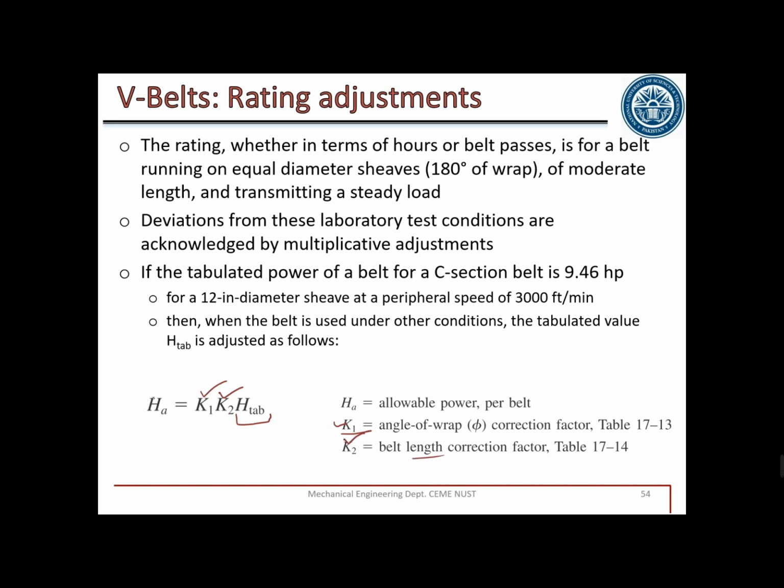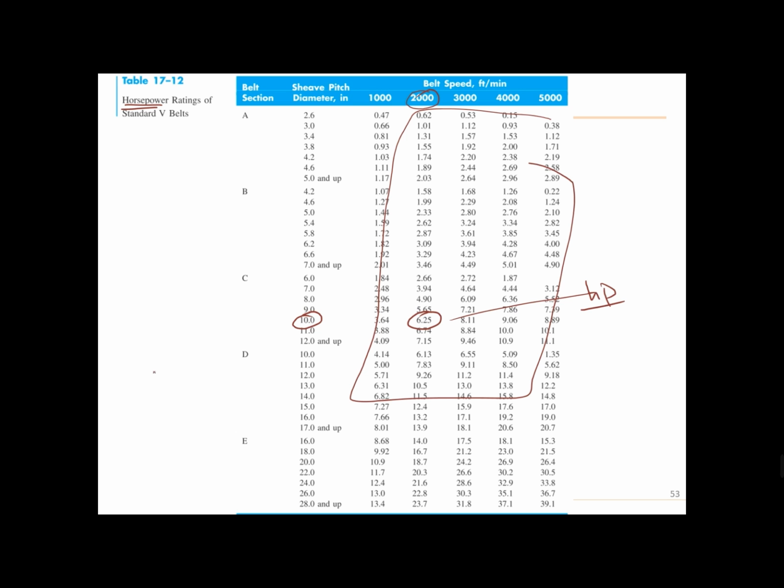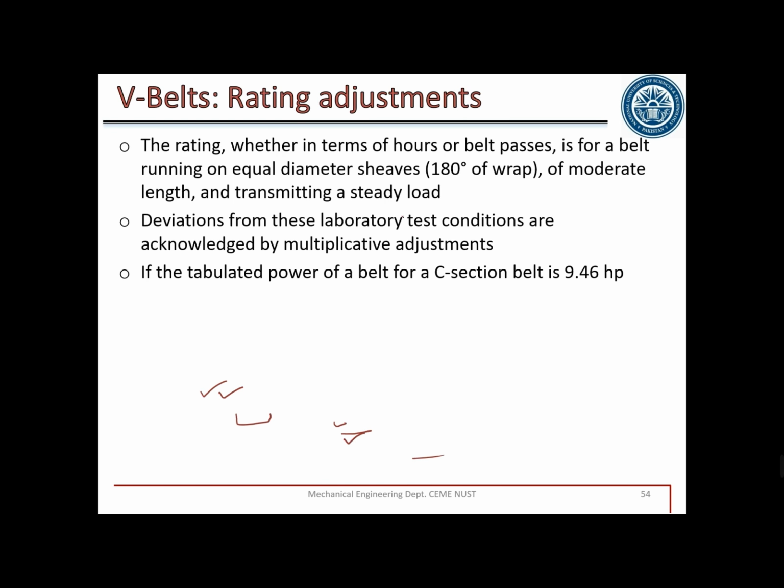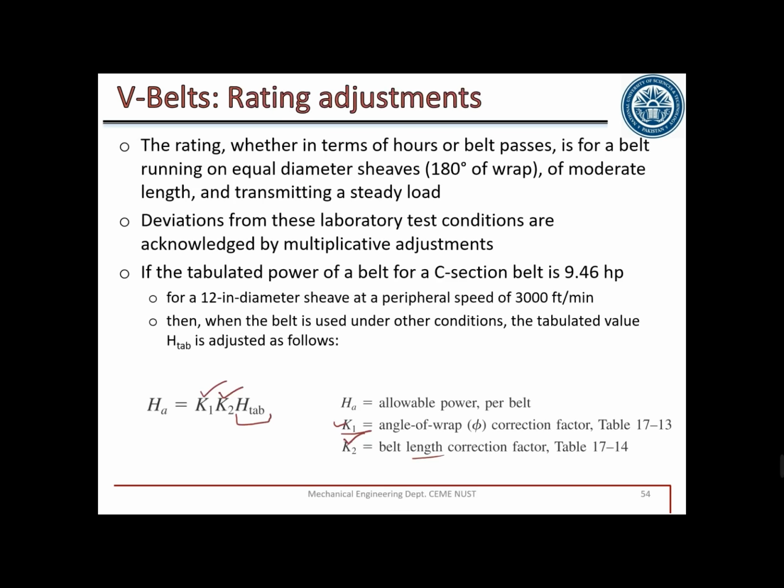Multiplying these two values gives us the allowable power of a single selected belt. Let's say we have selected a B-type belt running on a 6.6 inch sheave at 2000 feet per minute. So this is 3.29 horsepower, which is the rated power. This is the tabulated power. Multiplying with the two correction factors will give us the allowable power that we can allow on a single belt.